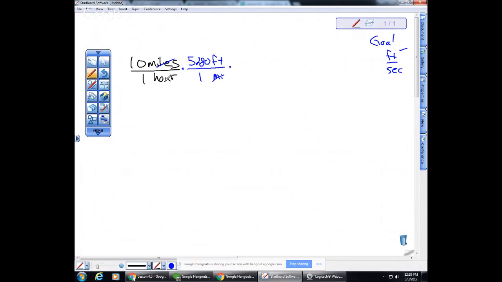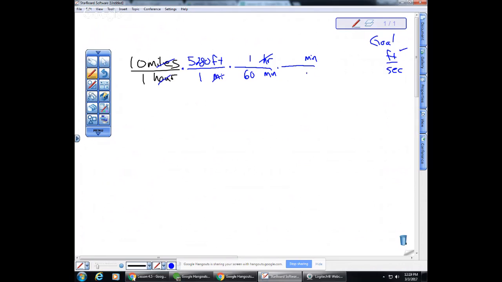Getting rid of hours, since it's in the bottom, I'm going to have to multiply by an hour factor on the top. And I know minutes in an hour. I can't remember how many seconds. There's a lot. So in 1 hour, there's 60 minutes. That gets rid of hours, leaving minutes. I'm almost toward my goal of seconds in the bottom. One more fraction should do it. Minutes is in the bottom, so we put it in the top to get rid of it.